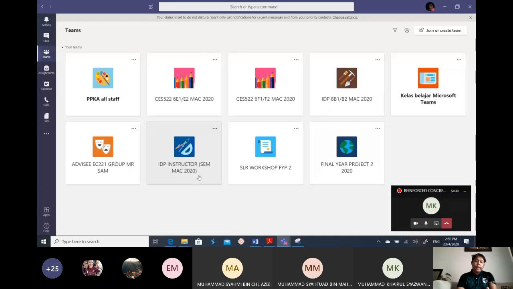I already had a class with group 6E this morning regarding simply supported two-way slab, so you may refer to that video for your self-learning. Then we have another element that we have not covered yet, which is continuous one-way slab.